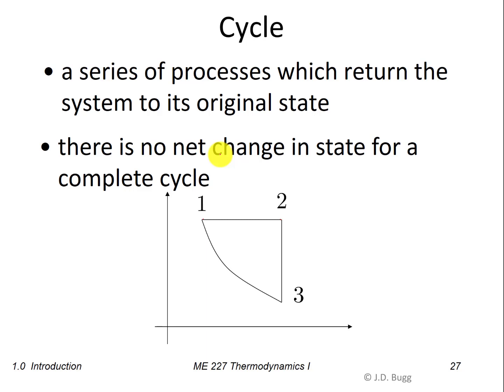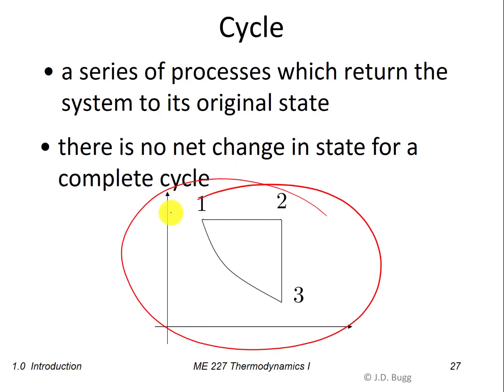So remember, in the Rankine cycle and the refrigeration cycle, they were connected. It was a closed loop. So the working substance in those cases is going through 4 processes that return it back to its original state. So we're going to be drawing these types of diagrams for those cycles a lot later on in the course.